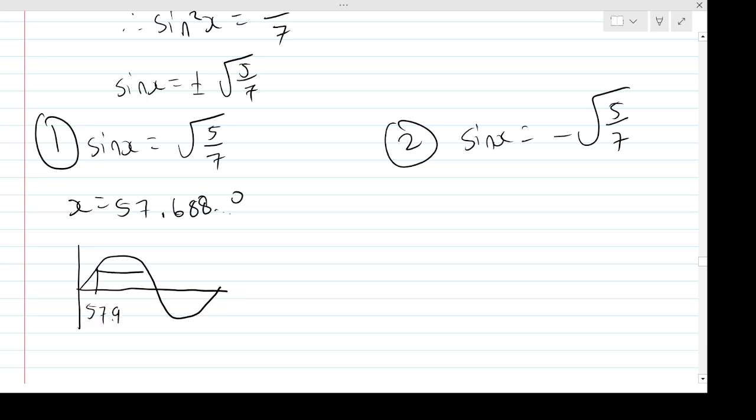The other solution in this range: the gap between one end at 0 and 57.9 is just 57.9. So the gap between the other solution for x and 180 at the other end of the curve is also going to be the same, 57.9. Which means the other solution comes from taking away this 57 from 180.